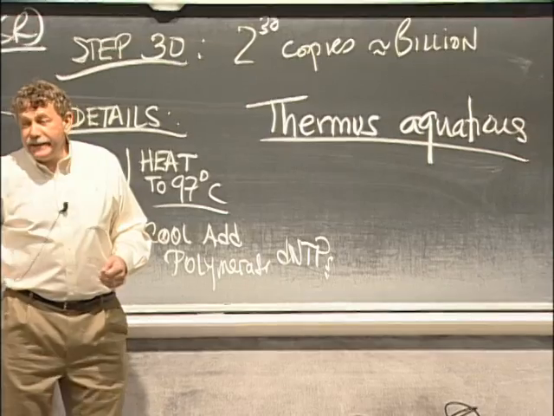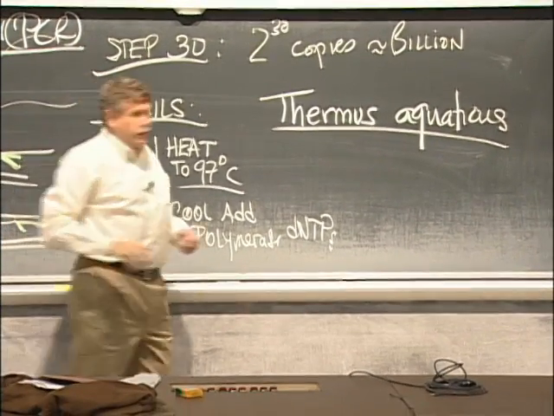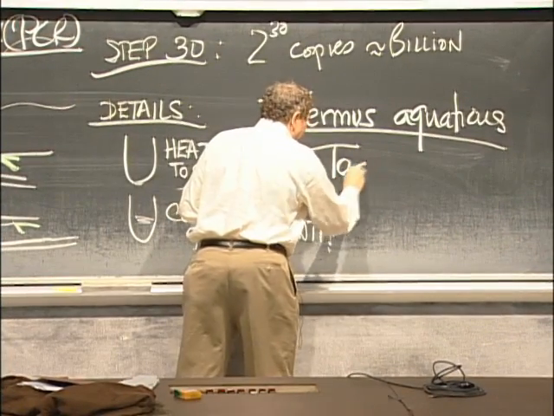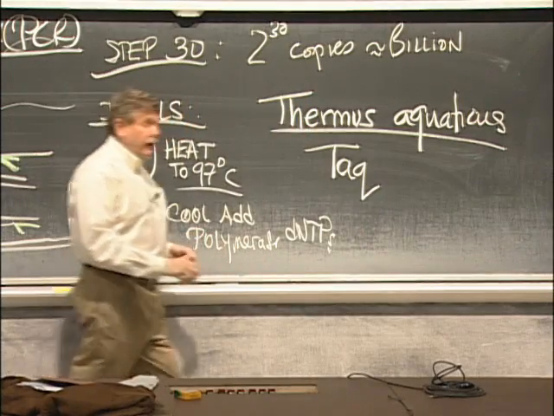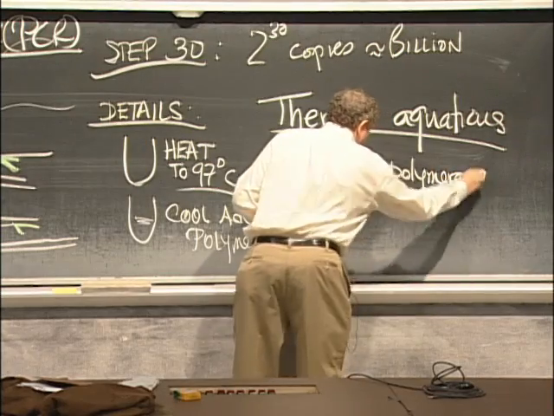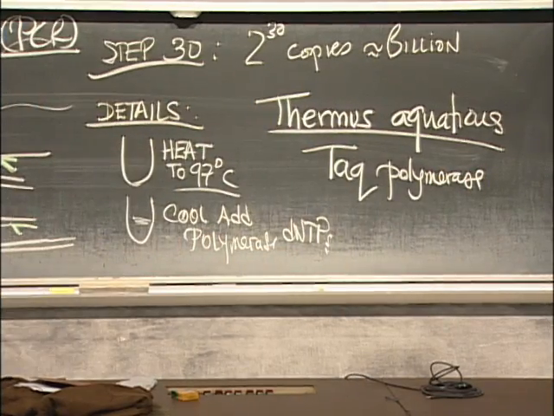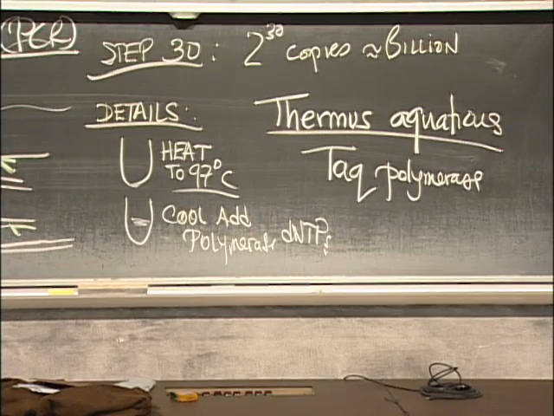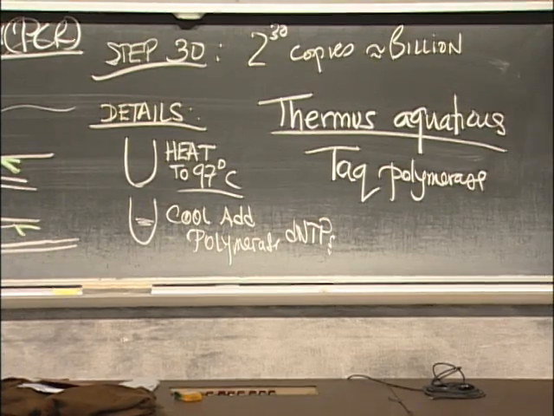And you purify DNA polymerase from Thermus aquaticus. Thermus aquaticus just goes by the name Taq, T-A-Q. You purify Taq polymerase, and now, no problem, you just throw Taq polymerase in your test tube, and you go heat, cool, heat, cool, heat, cool, and you're all done.